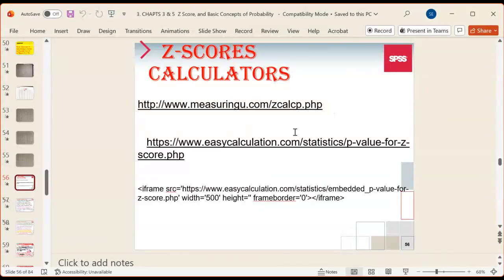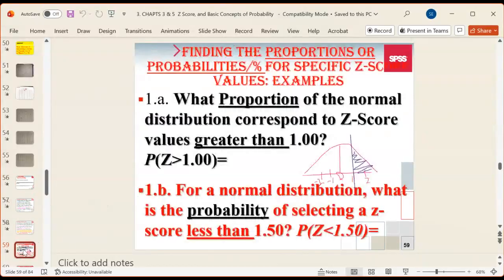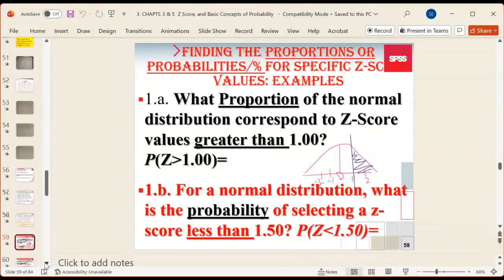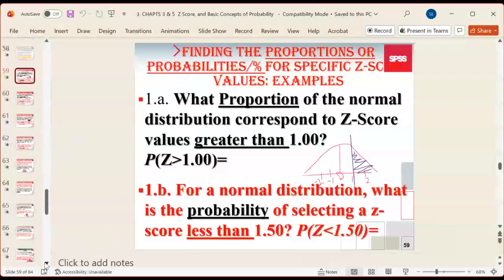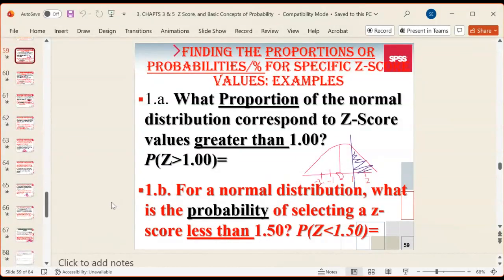Also, for your convenience, this is a z-score calculator. You want to use it, you're welcome to use it. All right, so let's do some of these activities. It's all about the area under the curve. It says, what proportion of the normal distribution corresponds to z-score value greater than 1?